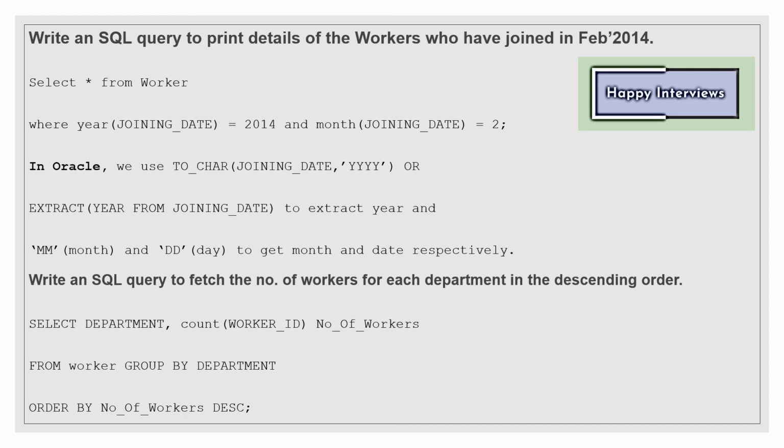So we will use a group by clause here. The query: select department, count of worker id as number of workers from worker group by department. And then it says it should be in descending order, so order by number of workers DESC.